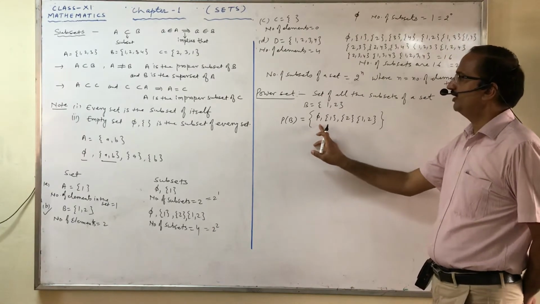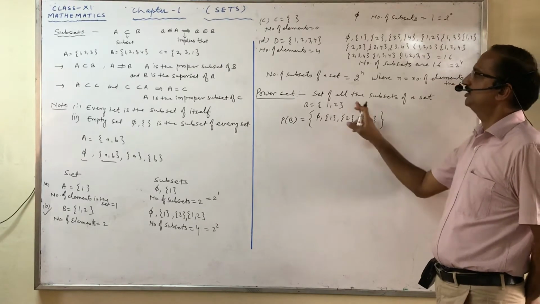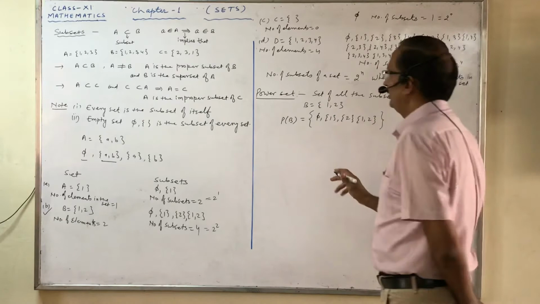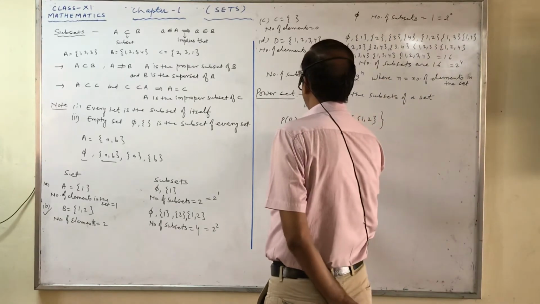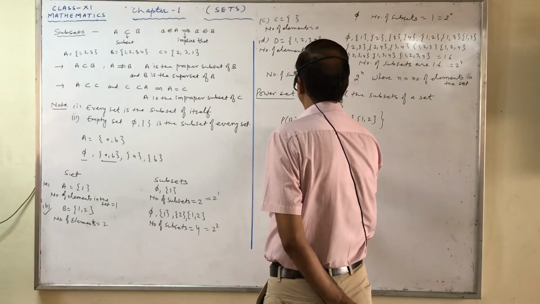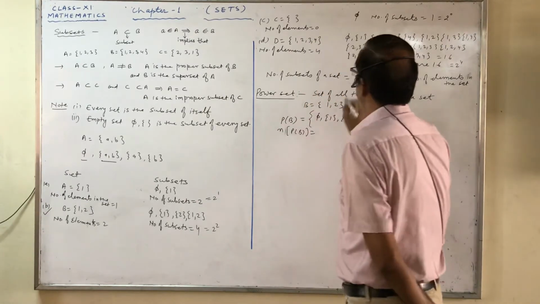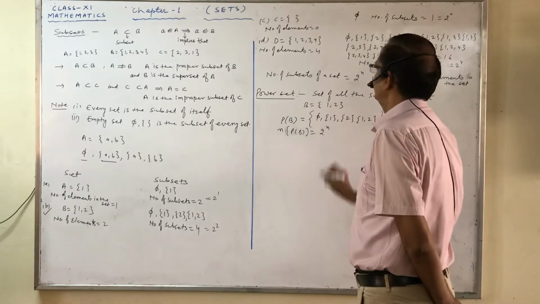It is the set of all the subsets of a set. And the number of elements in the power set are how many? 2 raised to power n.